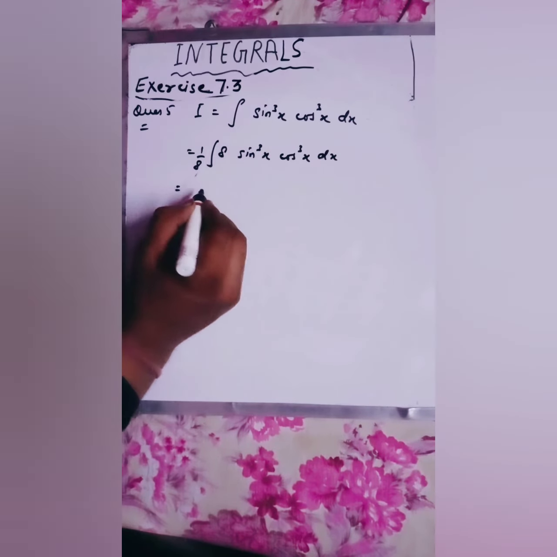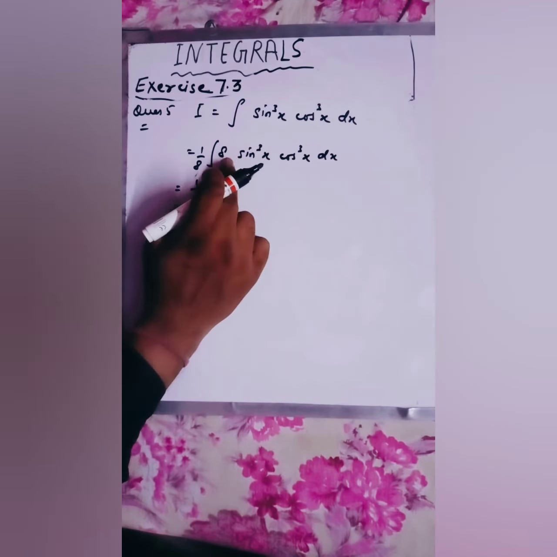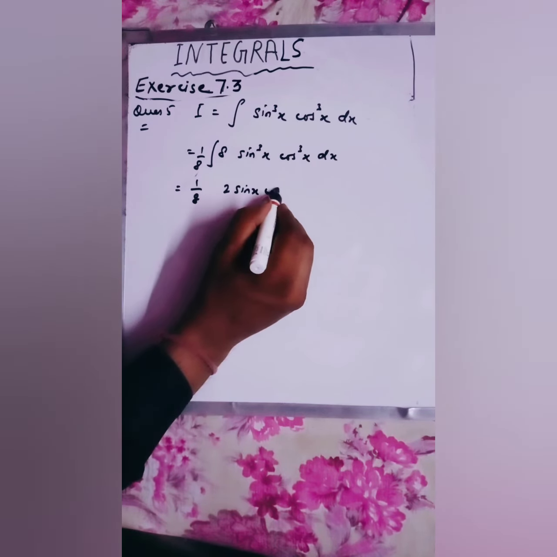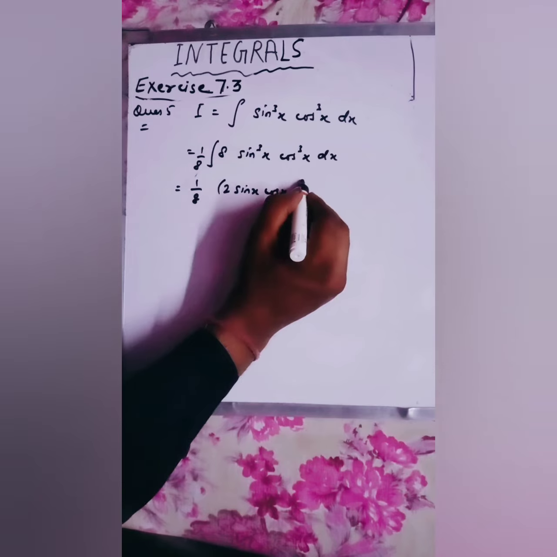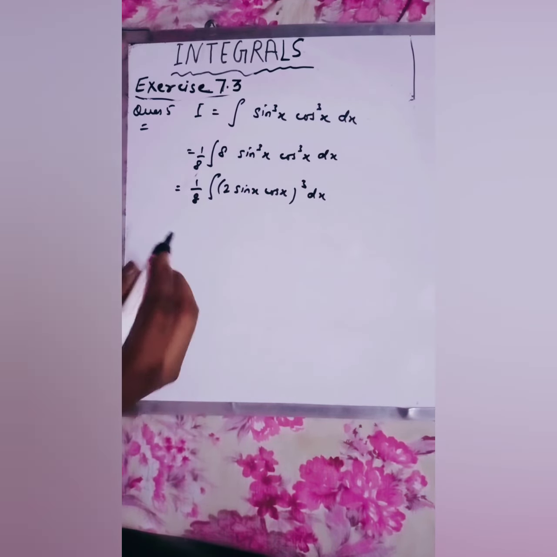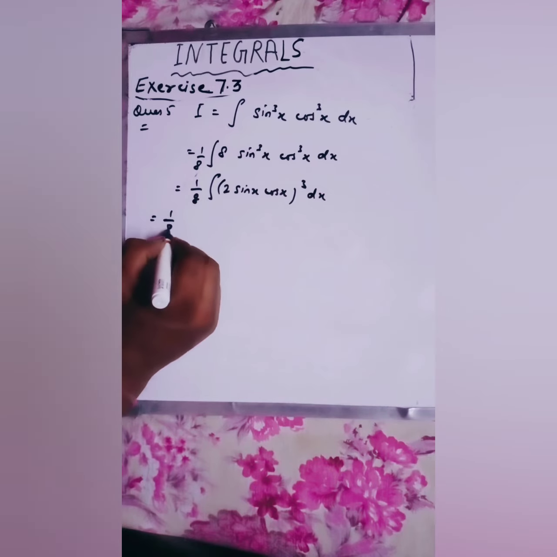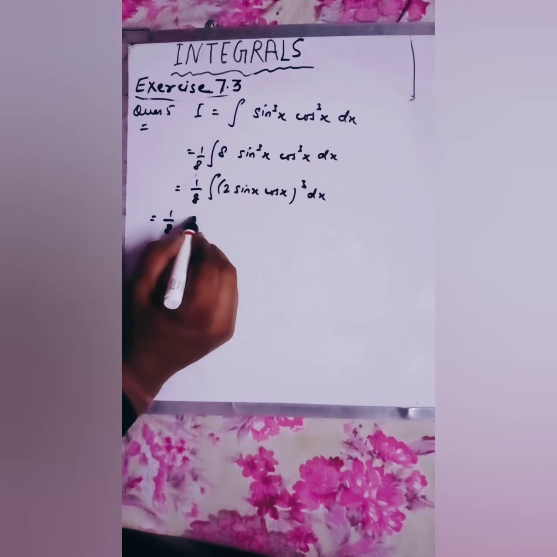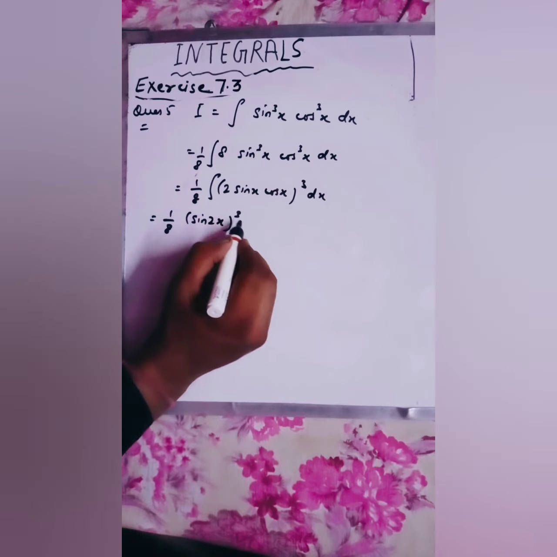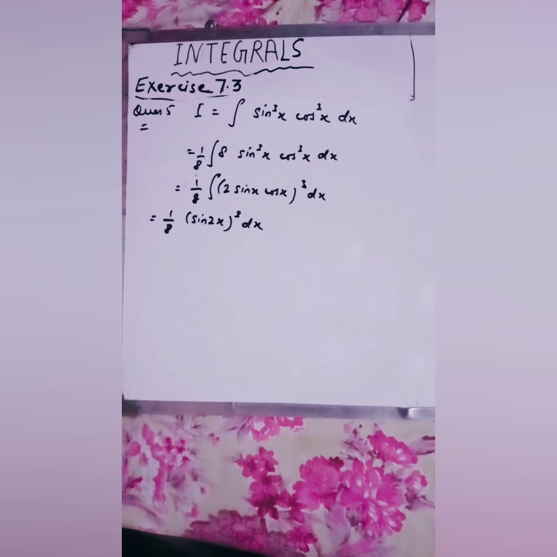Okay, now 1 by 8 will come outside, and this term you can write 2 sin x cos x and whole to the power cube into dx, integral of this. So this would be 1 by 8 and this would be sin 2x whole to the power 3 into dx.